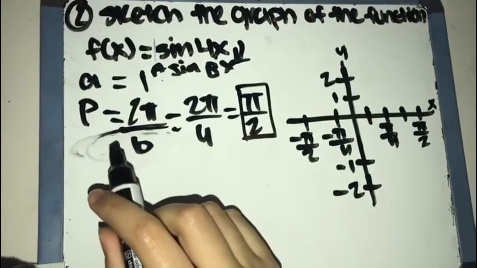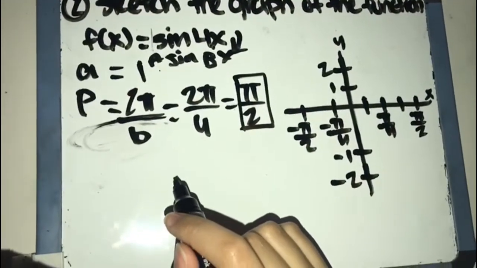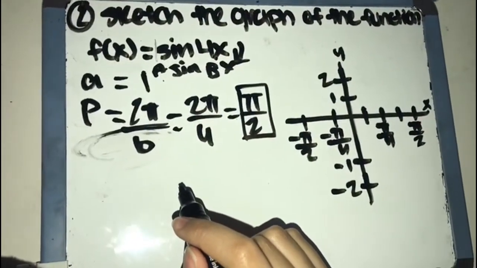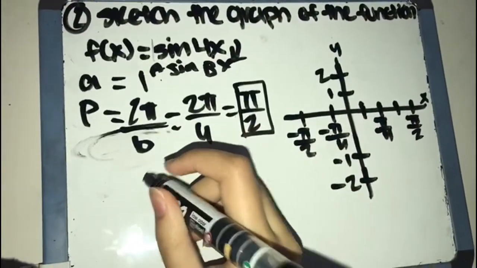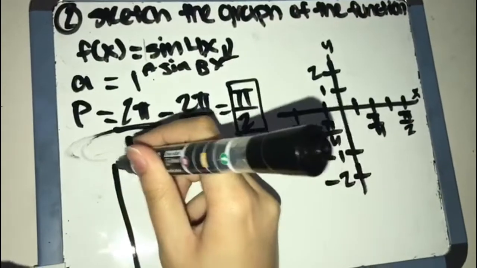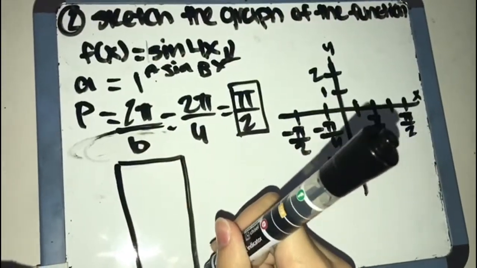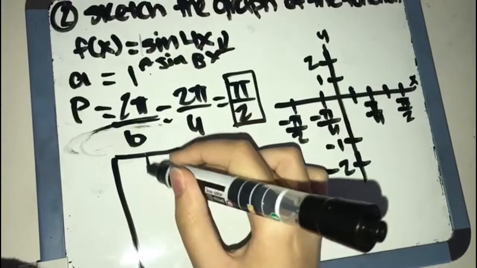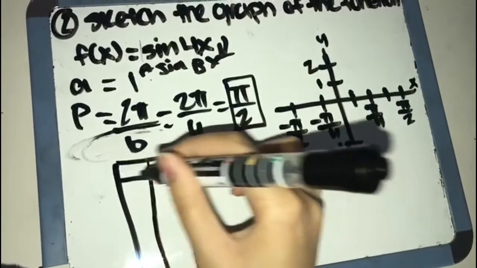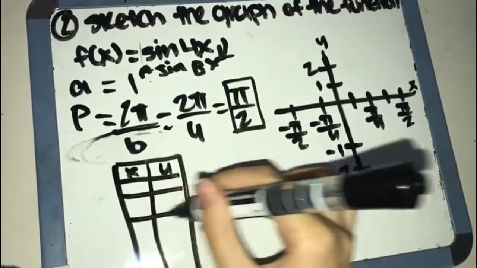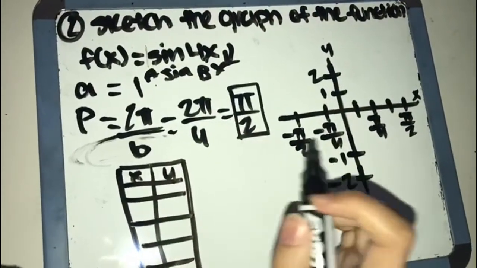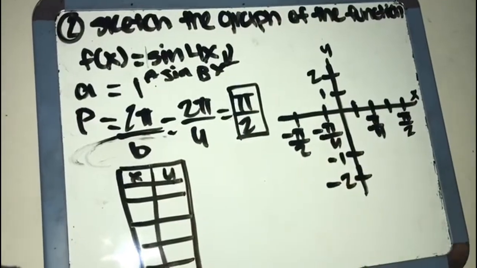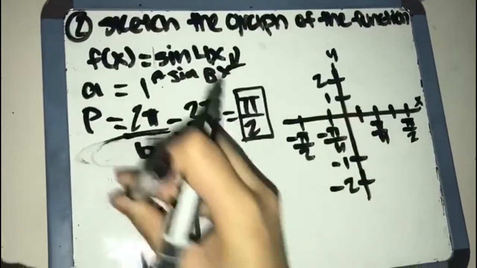Now we have to identify the key points, the x and y points. We always start with 0. Actually, this won't really fit, so let me erase this real quick. Sorry about that, guys.